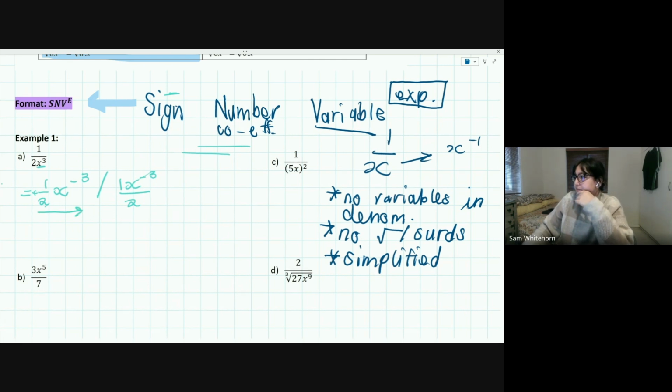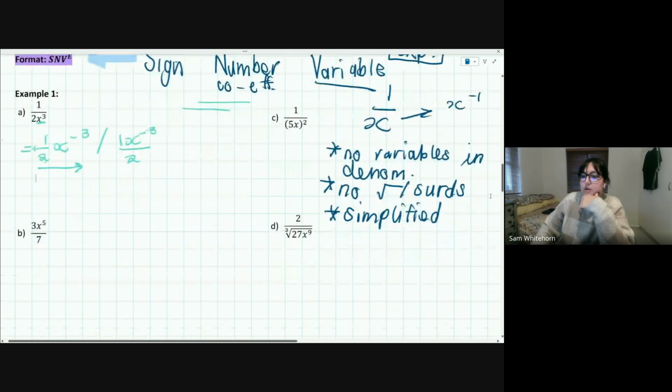Okay. So based on what I've just said about the whole fraction situation, if we look at B, this is very much what I was saying now. I do not want my variable sitting in the numerator with the 3. I want the sign, then the number, then the variable next to it. So we basically just separate out our fractions.